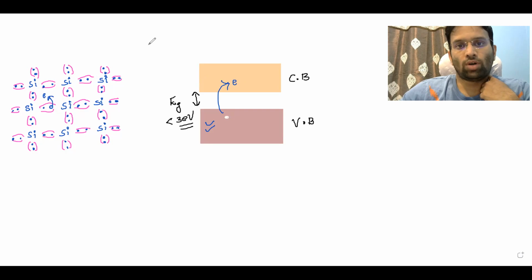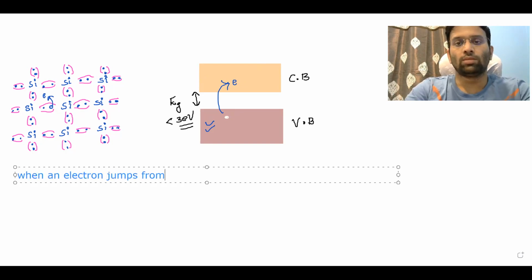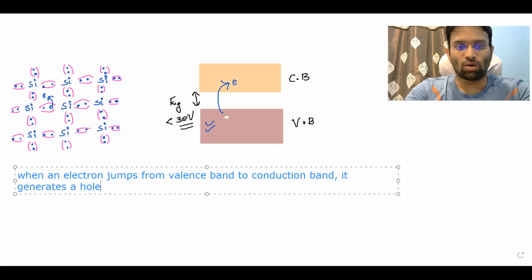This is a very important thing that students must keep in mind, that when an electron jumps from valence band to conduction band, it generates an electron-hole pair. That's what we should understand.